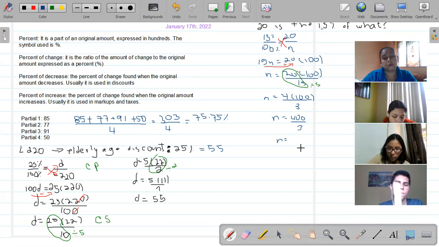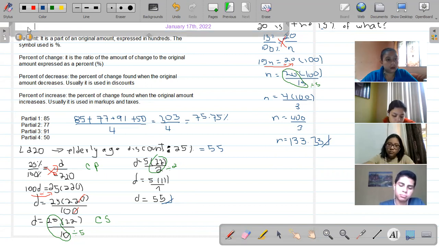So n is equal to, how much is 400 divided by 3? 400 divided by 3 is 133.33. So 20 is the 15% of 133.33. Questions? No questions, we're good. Okie dokie.